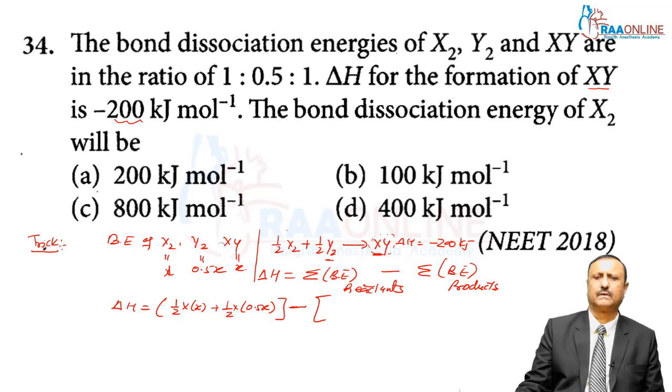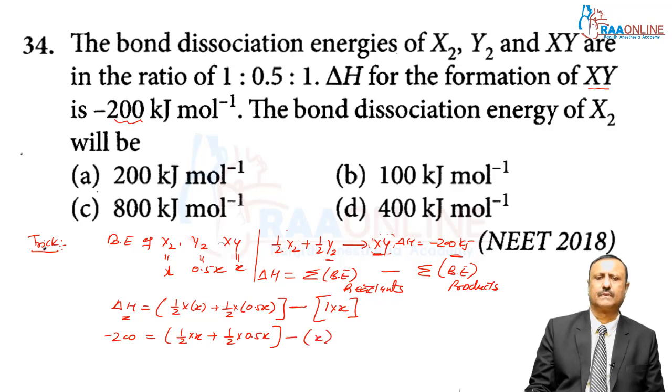Here the bond enthalpy of the product is X only, so we put 1 into X. So delta H, which is given as minus 200 kilojoule, equals half X plus half into 0.5 X minus X. So you can solve for the value of X, my dear students.